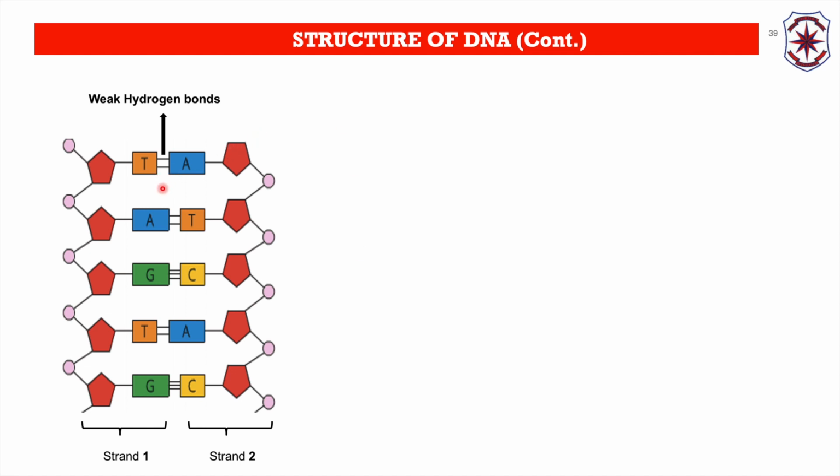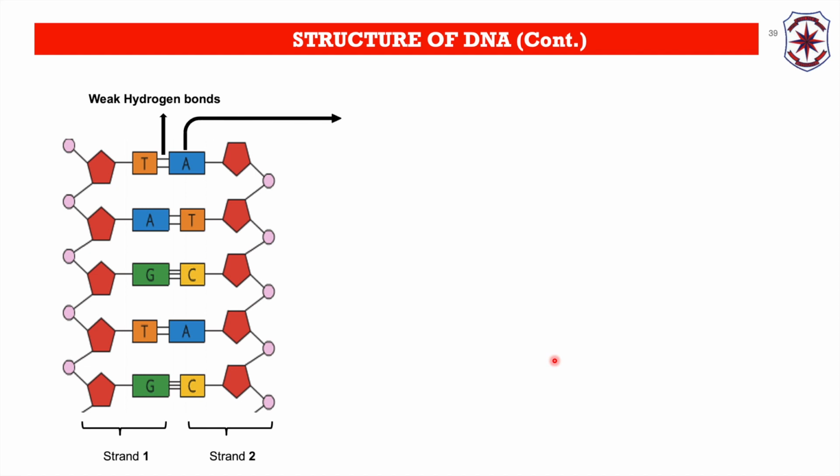So all you need to know is that the two strands are joined by weak hydrogen bonds. The number, you don't need to know that, even if it appears on some publications, but for examination purposes, it is sufficient to know that the two strands are joined by weak hydrogen bonds.